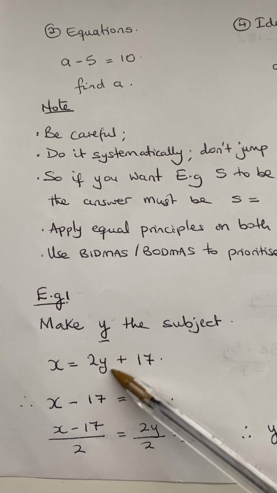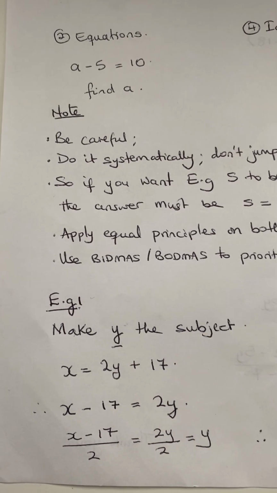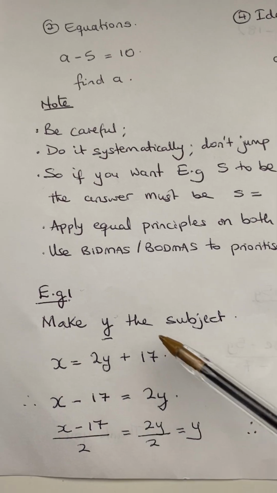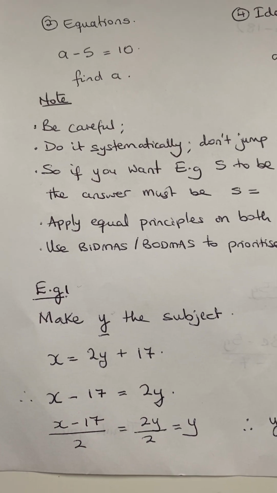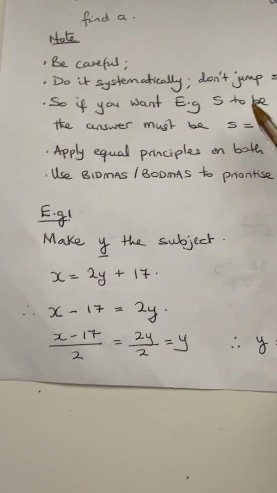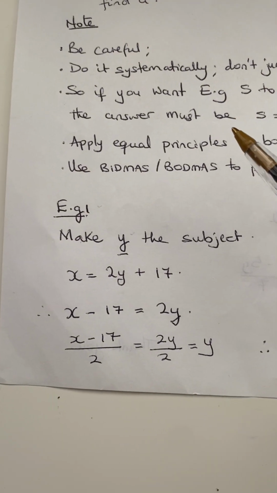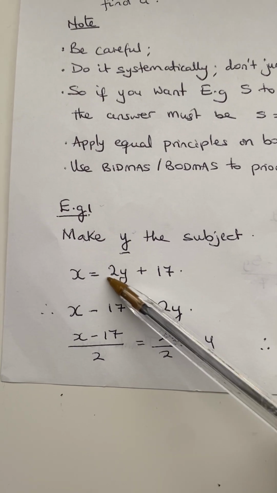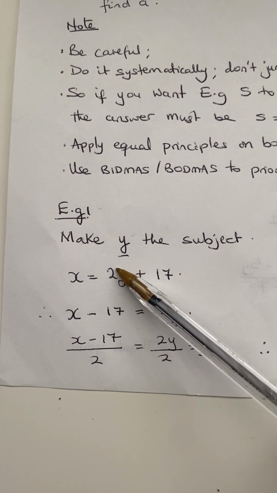So our answer should be y equals something, involving x and 17 and maybe the 2. So let's see what we can do here. We need to have only y on that side.